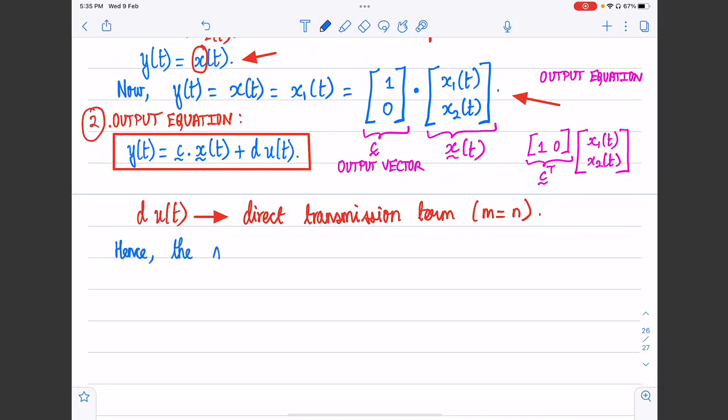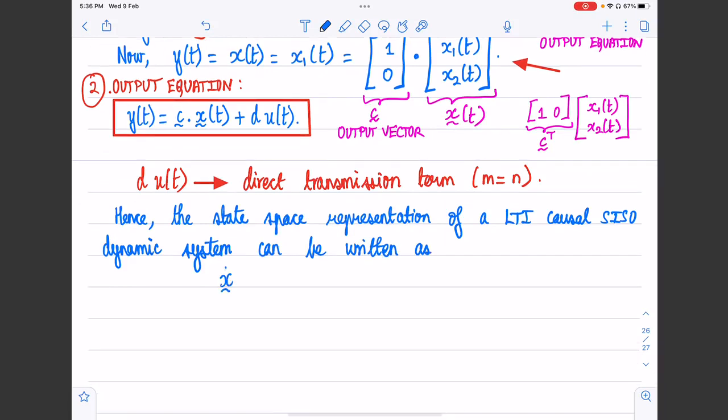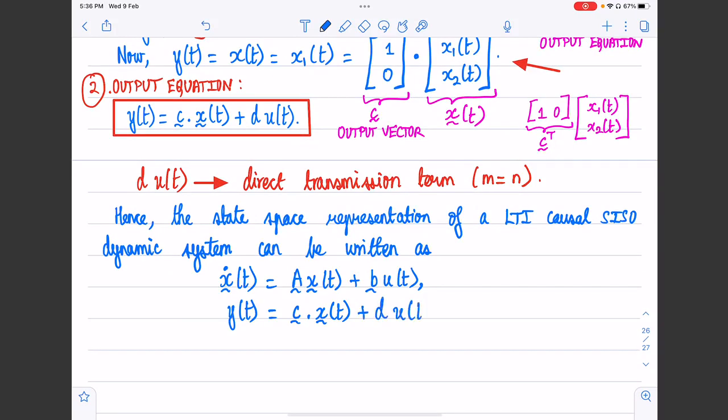Hence, the state space representation of an LTI causal dynamic system can be written as x dot of t equals A times x of t plus B times u of t, and y of t equals C times x of t plus D times u of t.